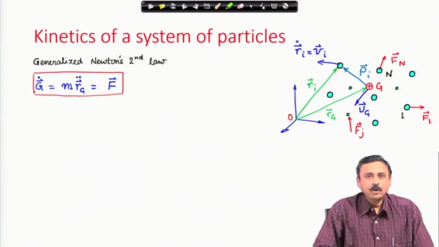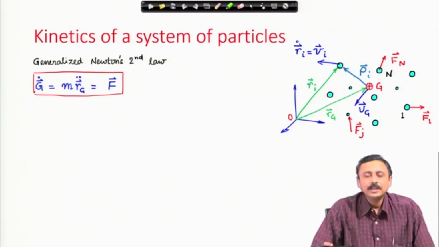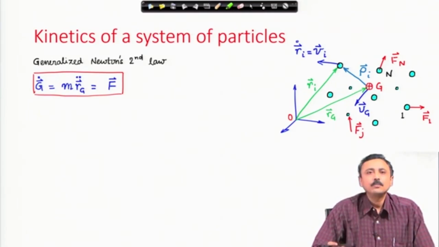The linear momentum of this system is mass times the velocity of the center of mass of the system. Linear momentum of this system of particles is the product of mass and the velocity of the center of mass of the system. Normally we start discussing kinetics from a single particle, and this shows us why we need to study the kinetics of point particles.